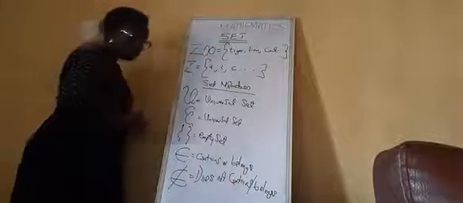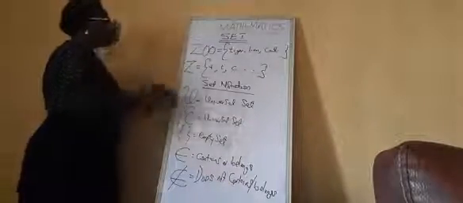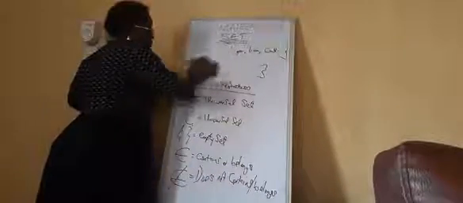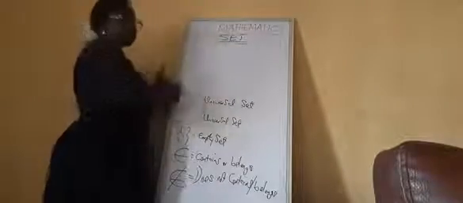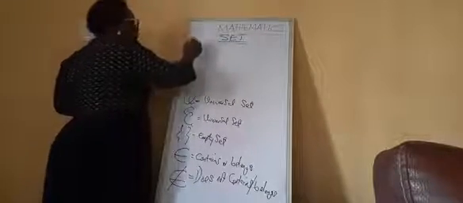Then we have what we call intersection. We have what we call union.